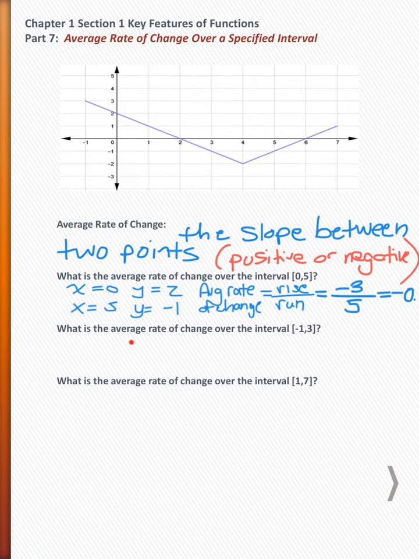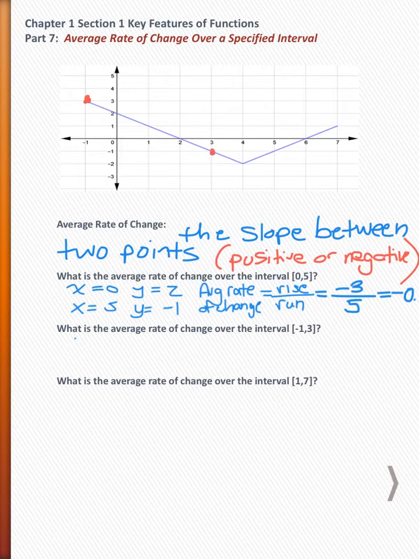Okay, my next practice example, what is the average rate of change over the interval -1 to +3? So at -1, I have an output of 3. And at +3, I have an output of -1.